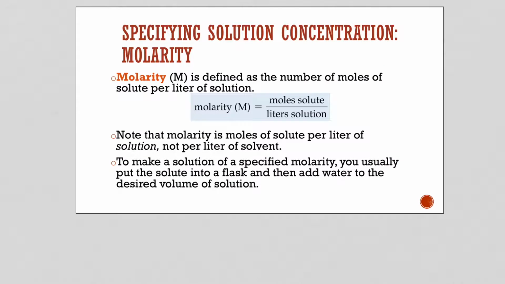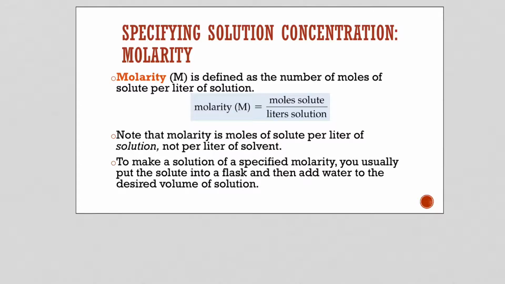So let's shift gears now and talk about our second type of concentration. And this is something called molarity. Now, as the name might imply, this is going to be a moles-based unit of concentration, right? Molarity.